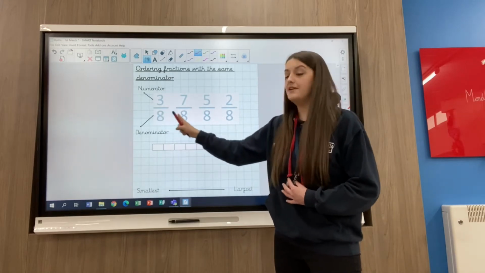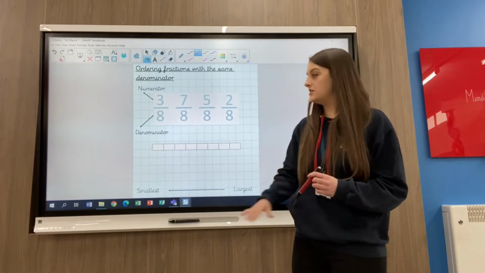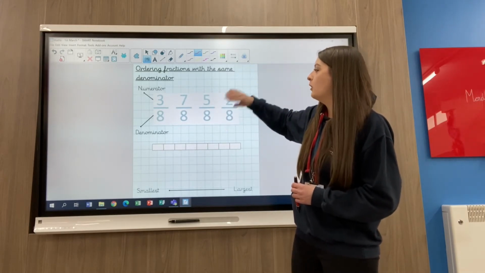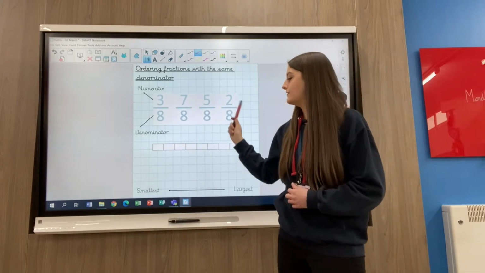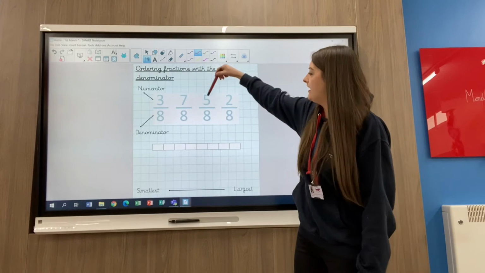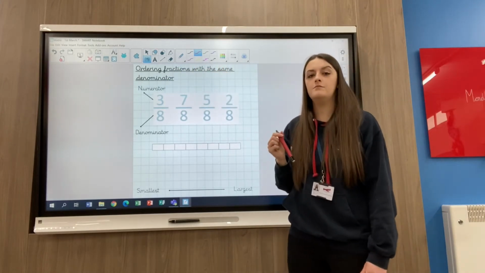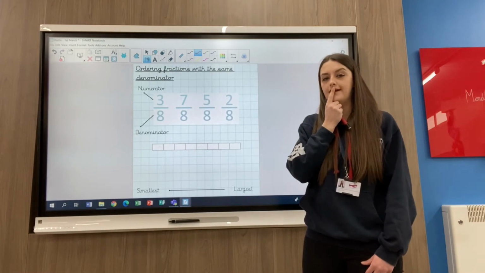So my denominators of these 4 fractions are all the same. So when the denominators are the same, we focus on the numerators. Now I've got to order these fractions smallest to largest. So if I'm looking at those numerators, those top numbers, can you see which number is the smallest out of those numerators?